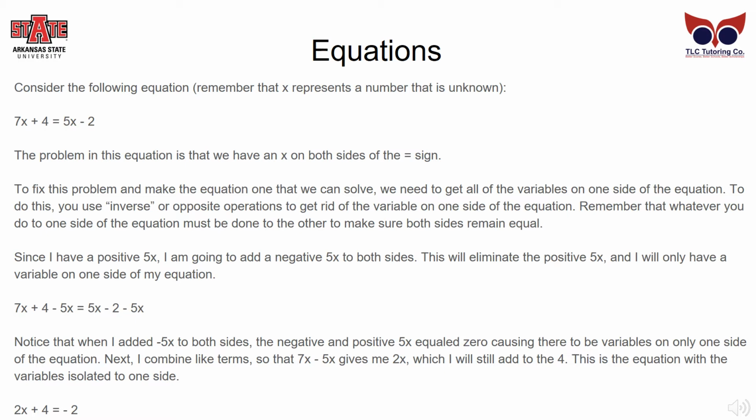Notice that when I add negative 5x to both sides, the negative and positive equaled 0, causing there to be variables on only one side of the equation. Next, I combine like terms so that 7x minus 5x gives me 2x, which I still add to the 4. This is the equation with the variables isolated to one side. 2x plus 4 equals negative 2.